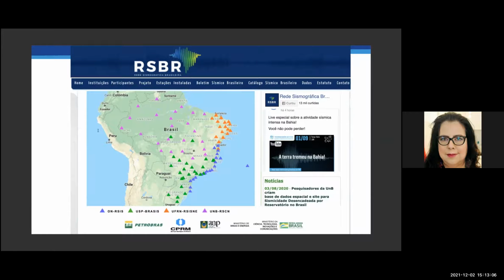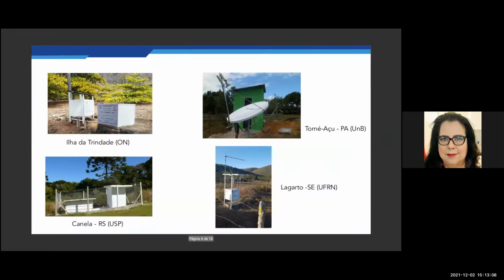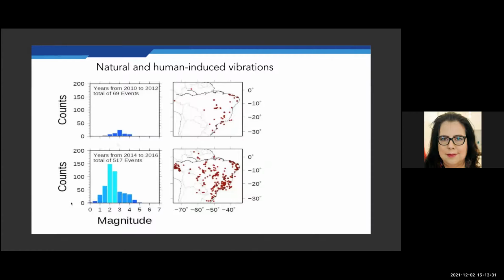I'm showing you a few examples. The seismographic network is where the data come from. The data come from sensors which are coupled to the ground, like here, and this mound here and here. So it measures the ground motion, and the idea is to detect natural and human-induced vibrations.